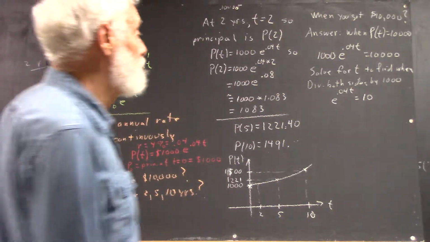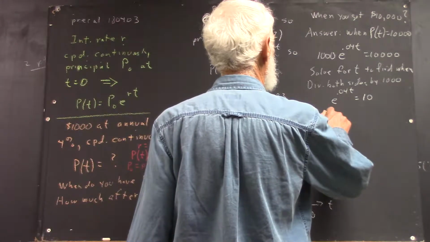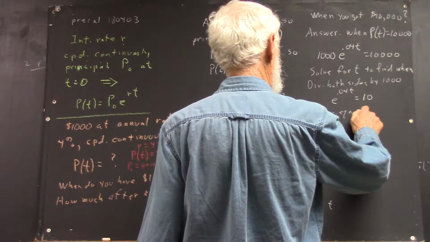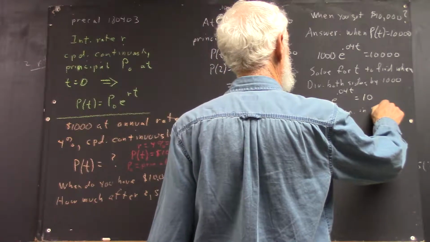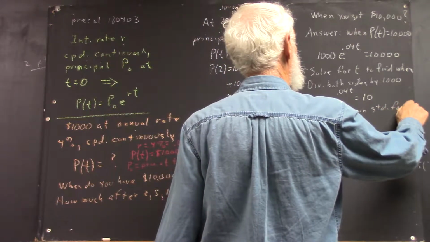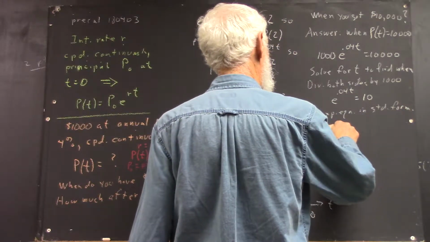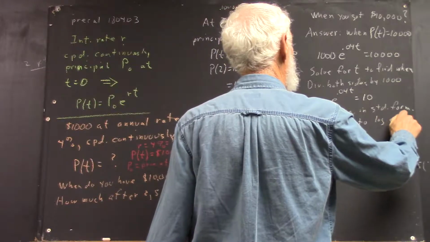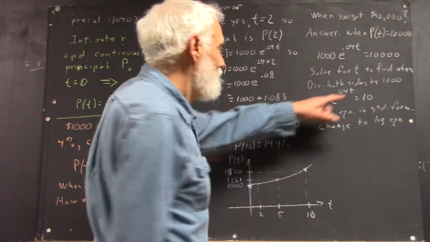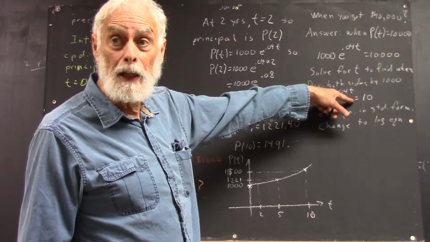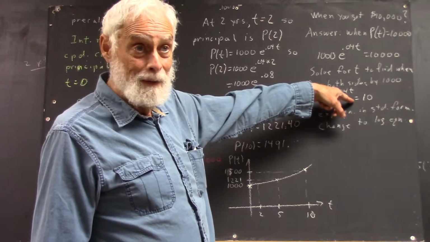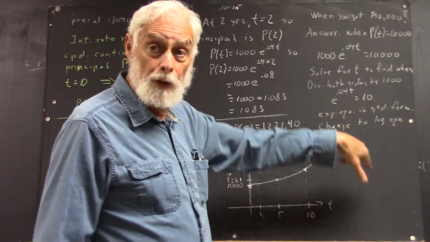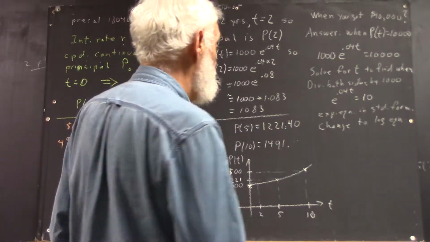So we say, oh, gee, look, we got an exponential equation in standard form. Change it to a log equation, because the t that we're trying to solve for is in the exponent. We can get at that exponent by changing this to a logarithmic equation.